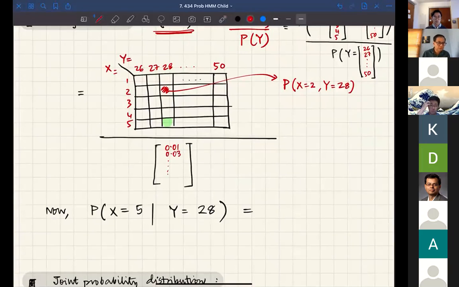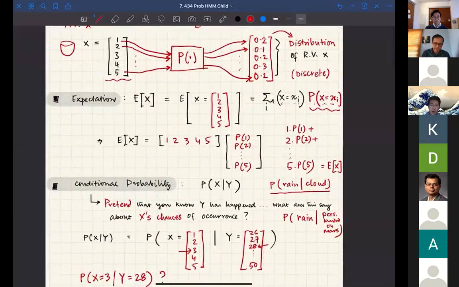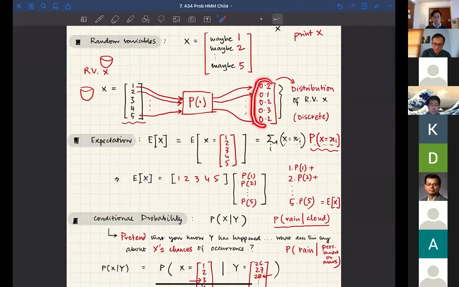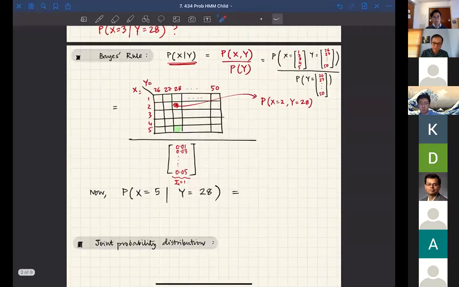And so on. What is the probability Y is 50? Let's say 0.05. Of course, these should add up to 1. Similarly, over here, all these probabilities should add up to 1, because if X is going to take any one of these values, the chance of X taking 1, chance of X taking 2, all of that should add up to 1.